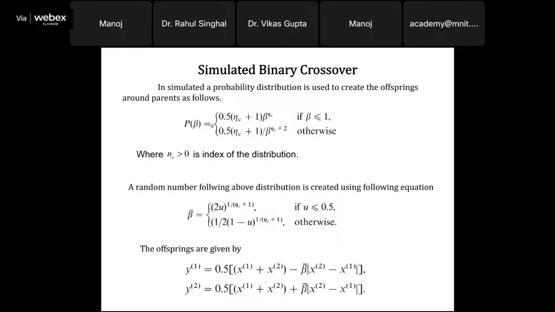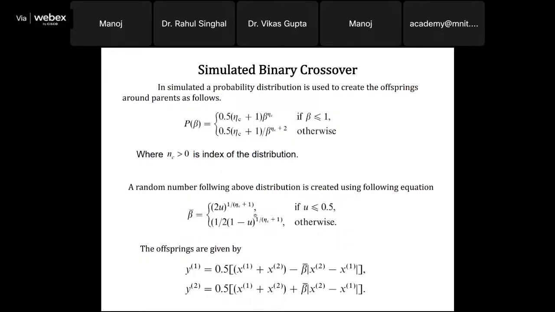That means you can find all the things related to the probability distribution: you can find the cumulative distribution, and you can find the random number which follows this particular distribution. This distribution has only one parameter, this eta, which is tunable. Given this distribution, the random number which follows it can be defined like this.